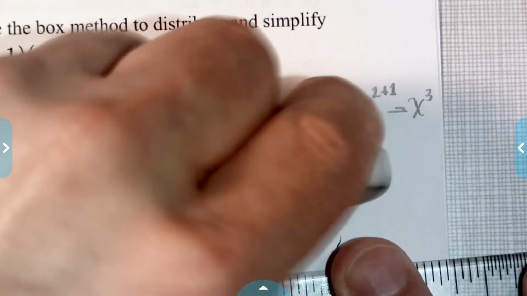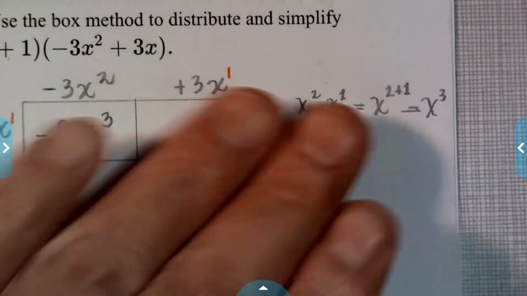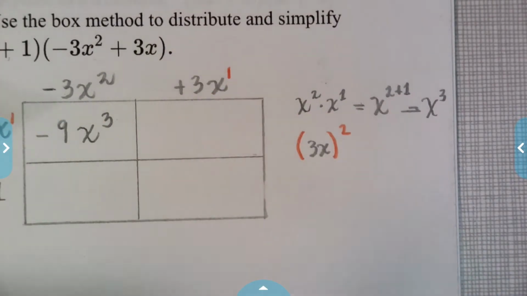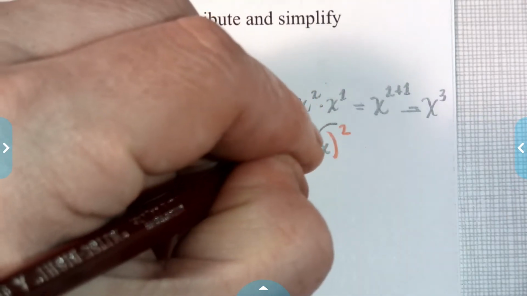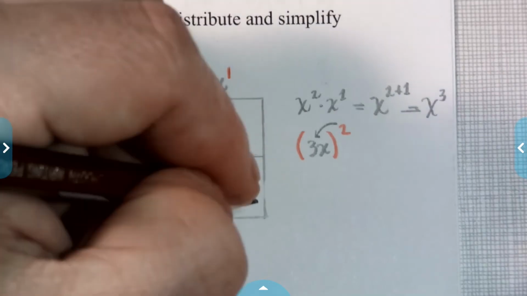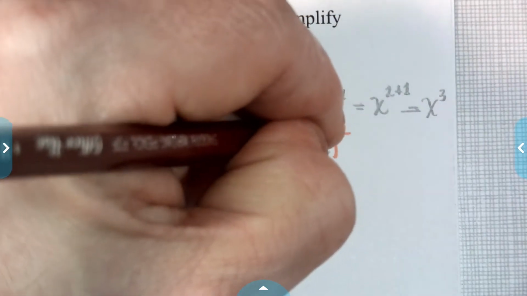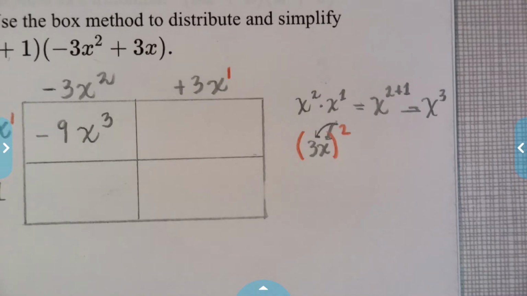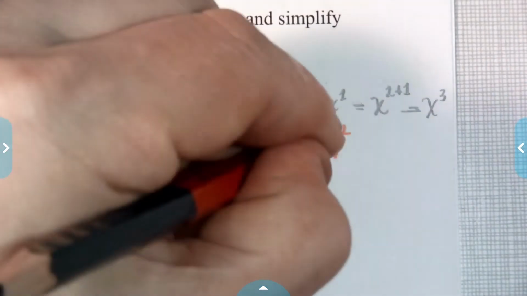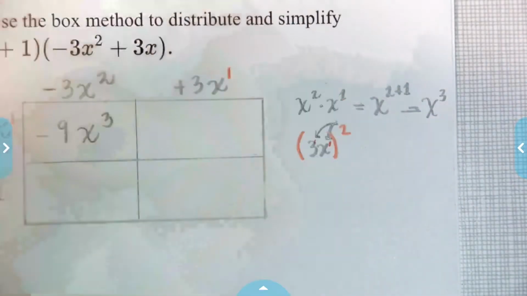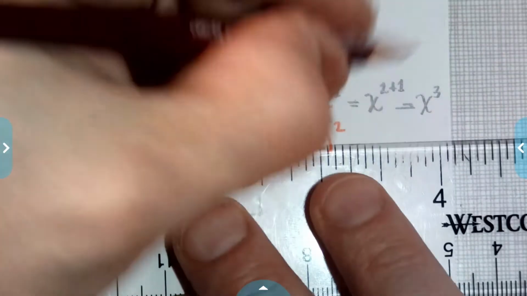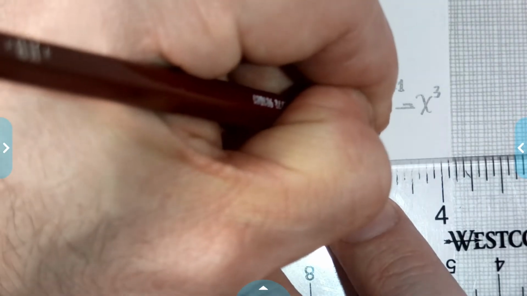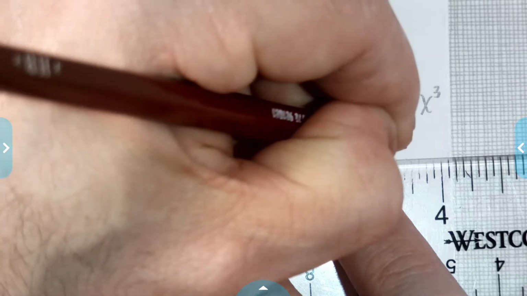So this is another rule of exponents called the power rule. And what happens is you actually multiply that 2 to the exponents of each of these terms. Okay, so the 3 has an exponent of 1, and the x has an exponent of 1, and so you end up with 3 squared times x squared.